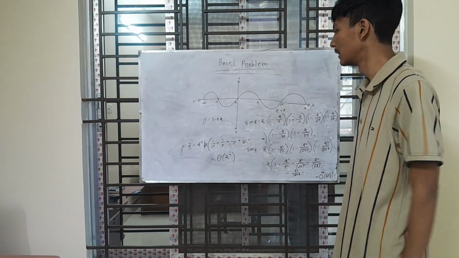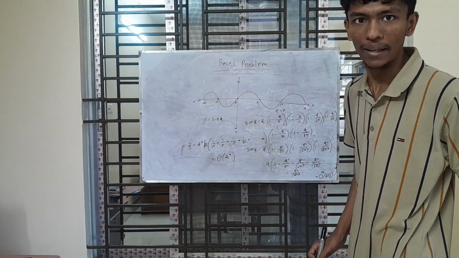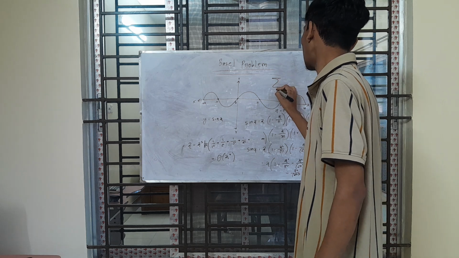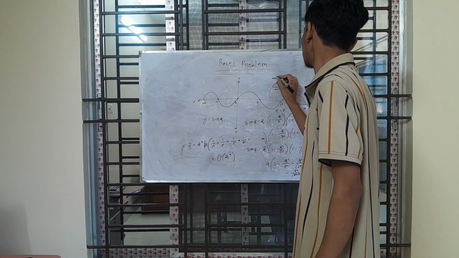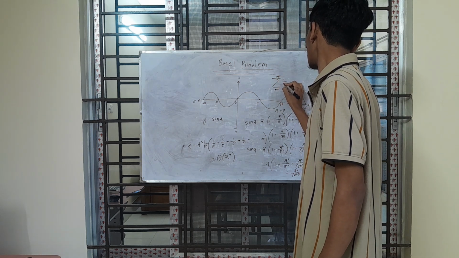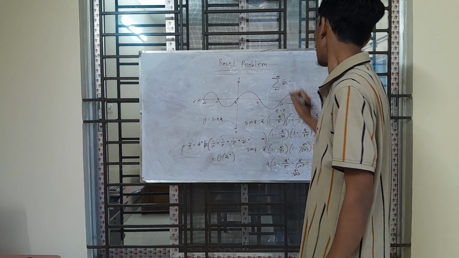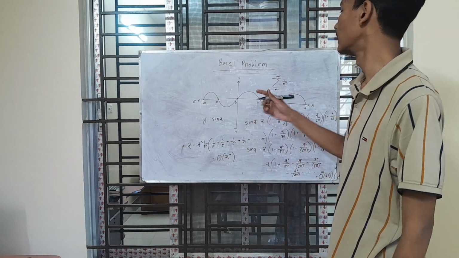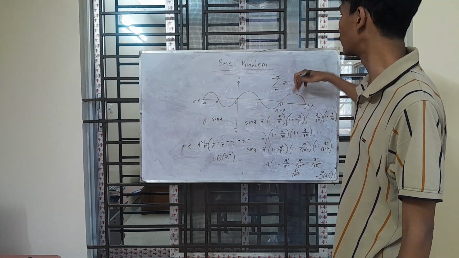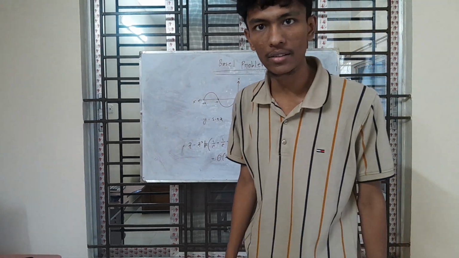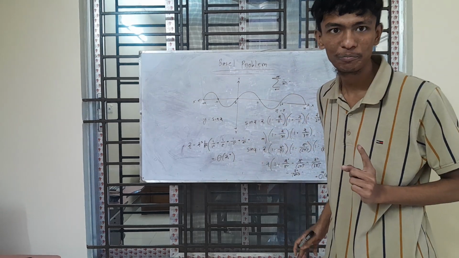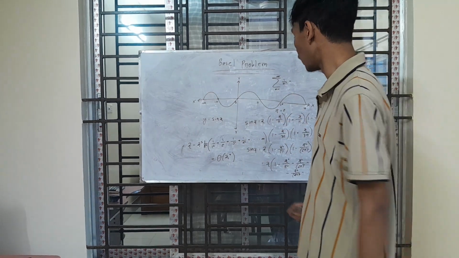So, if you recall the Basel problem, we have to find out the sum of n going from 1 to infinity of 1 by n squared, or we could say the reciprocals of the squares of the natural numbers. Am I right? We found this.